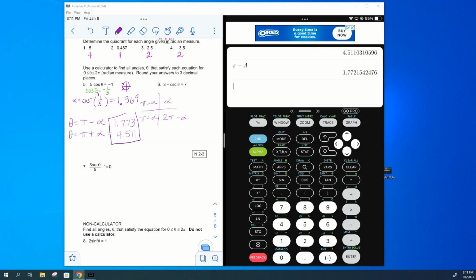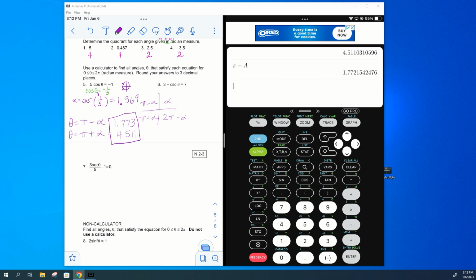These are the two answers I would put on the answer blank. So that storing is nice just because I don't want to have to type in 1.369. Again, I'm kind of a lazy person. I like hitting 2 buttons rather than 4, I guess, or 5. So I like that store.